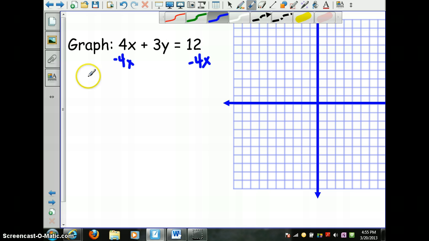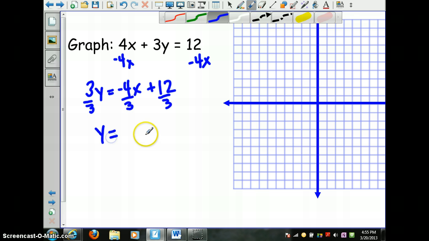Okay, so now we have 3y equals a negative 4x plus 12. We're going to divide by 3. Divide by 3. So now we get y equals a negative 4/3 x plus 4.